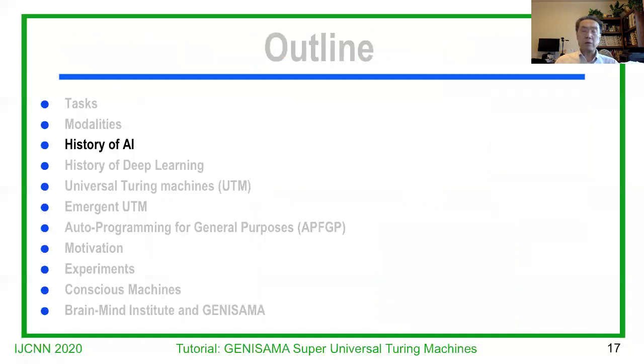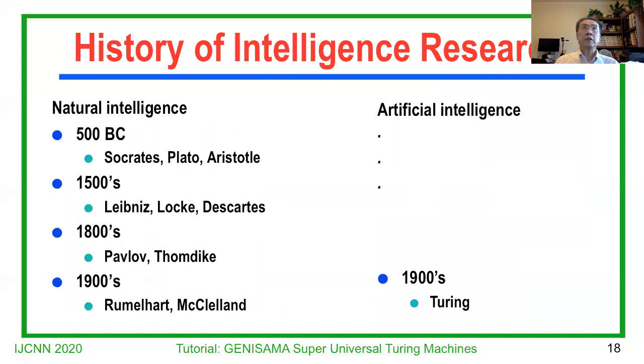So let's look at the history of AI. Natural intelligence has been around for many years, from Socrates, Plato, and later on we have Rumelhart and McClelland. They played a role in modeling human behavior using neural networks.